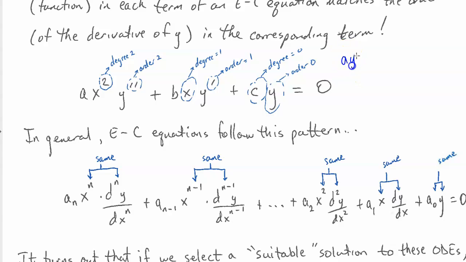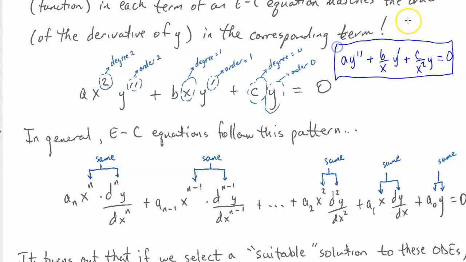So we'll have a y double prime plus b divided by x y prime plus c divided by x squared y, and then that equals 0. This is another alternative form of an Euler-Cauchy equation.